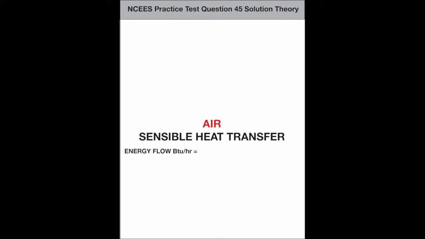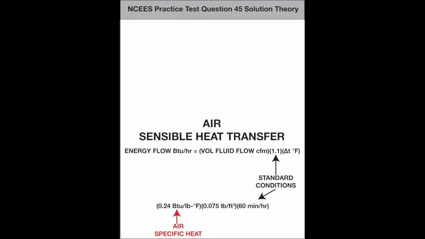Energy flow in BTU per hour is equal to volumetric fluid flow in CFM times 1.1 times delta T. The 1.1 in this equation comes from standard condition values of air specific heat at 0.24 BTU per pound degree Fahrenheit times air volume conversion of 0.075 pounds per cubic foot times time conversion of 60 minutes per hour.